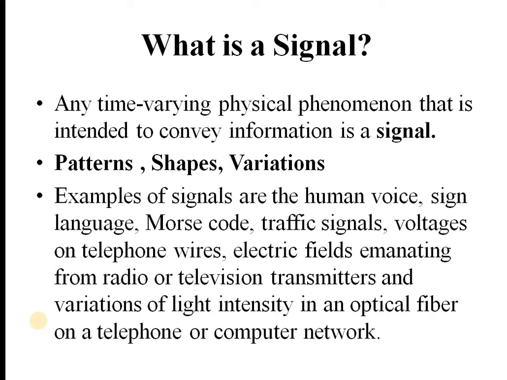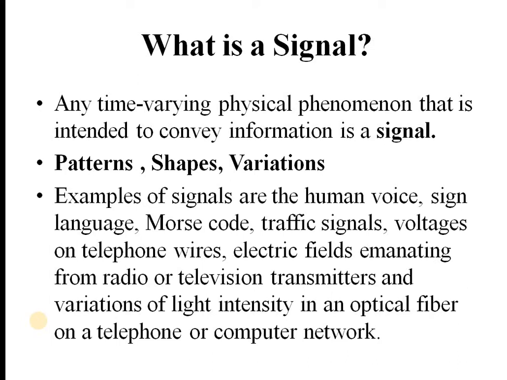Similarly, the Morse code, represented in terms of dots and dashes, which was used previously to share information and is the basis for radios and telephony. And the traffic signals that we observe on the roads, the red light, the green light or the yellow light, convey information for us. They can also be considered signals.